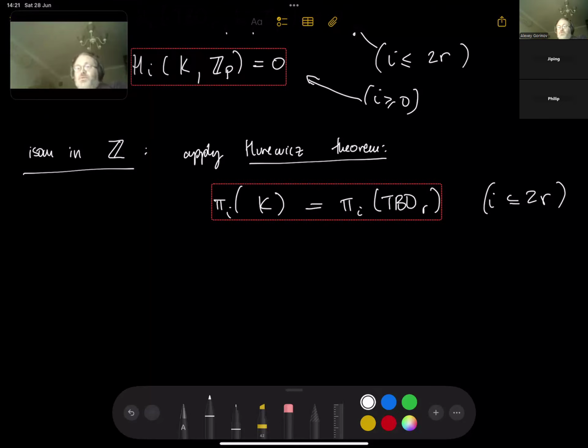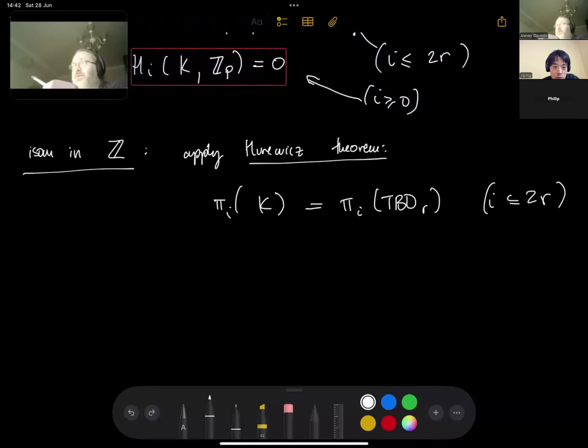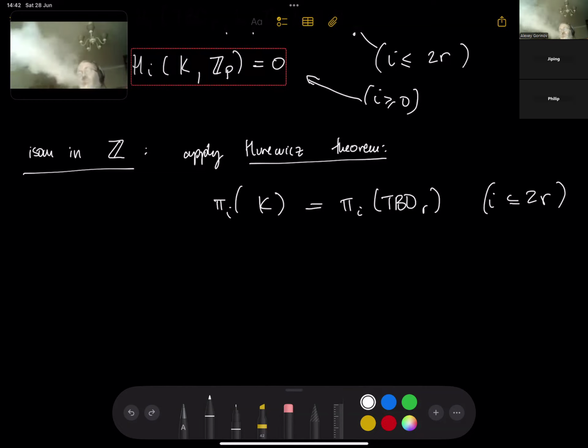Okay, I think the next thing is the count. So we concluded about 20 minutes ago that we have an isomorphism in the homotopy groups for a range between r and 2r where they're interesting, and below r where they're trivial.